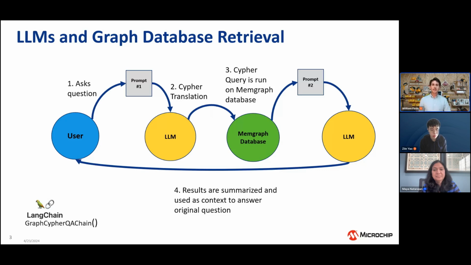So all you pass in are the API keys to your LLM, the connection to your graph database, a couple pre-written prompts to do the Cypher translation and to summarize the results. And then you can just call that function and put your question in, and it'll jump through all these steps and get you back an answer.